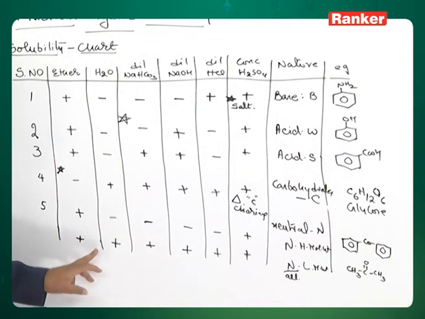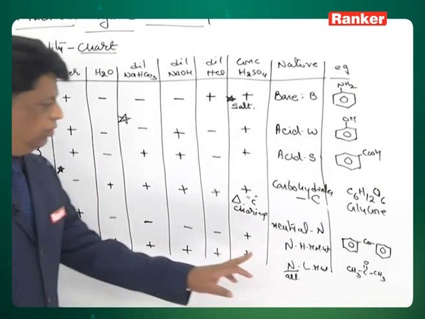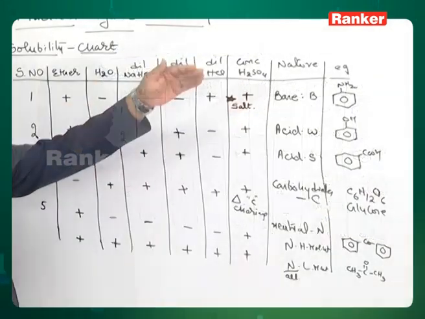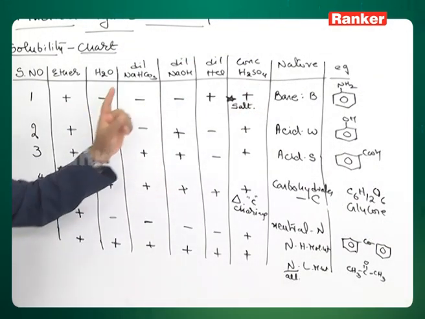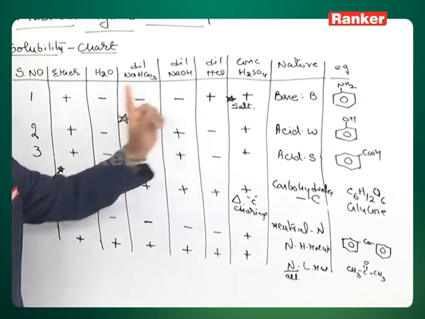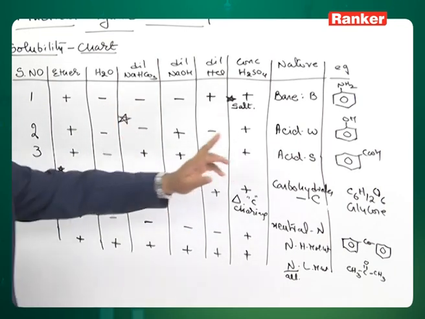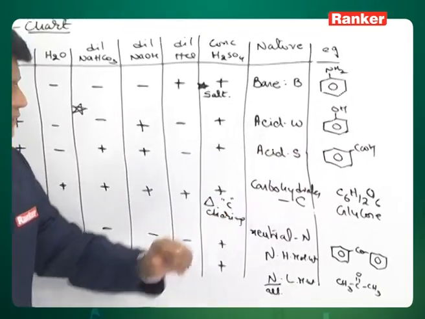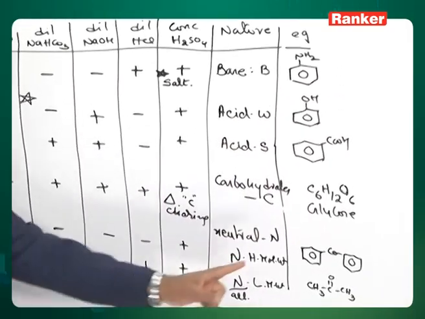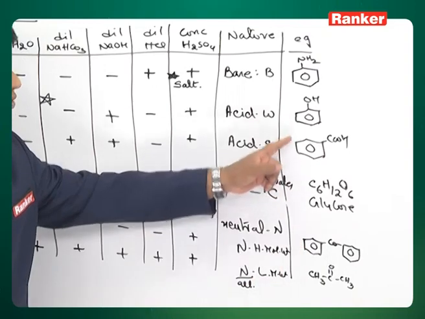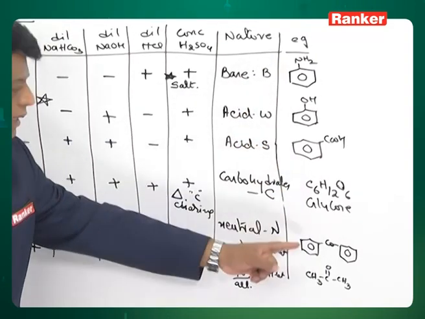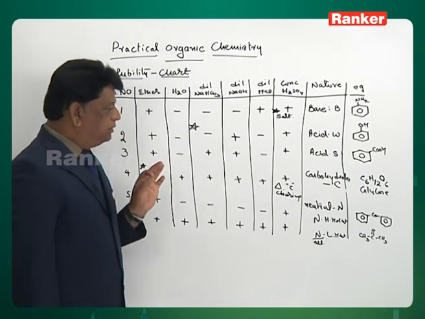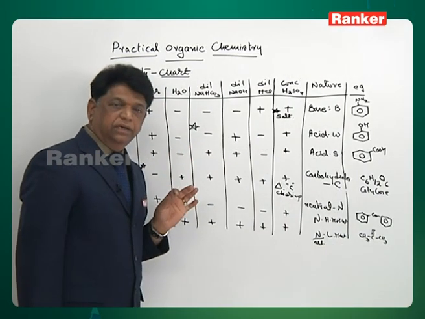This type of compound generally we don't give students to identify, but compounds of the other varieties: aniline is a specific example for the base. Phenol is an acid but a weak acid, benzoic acid a strong acid, glucose a carbohydrate, or benzophenone. Taking these four compounds as characteristic examples, we can have a number of separation techniques.